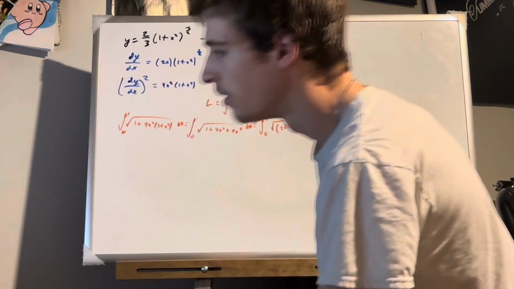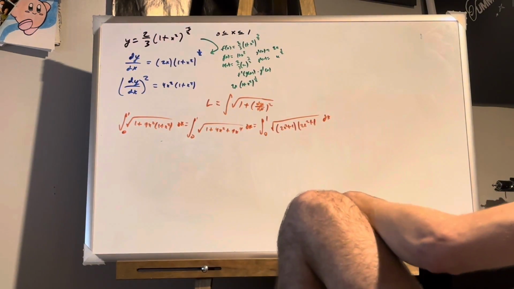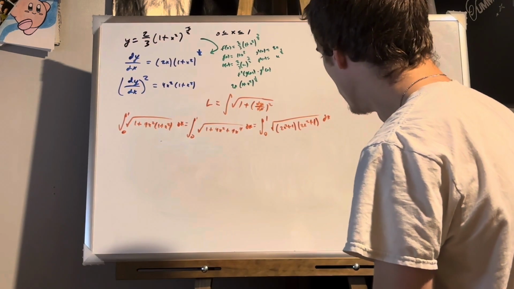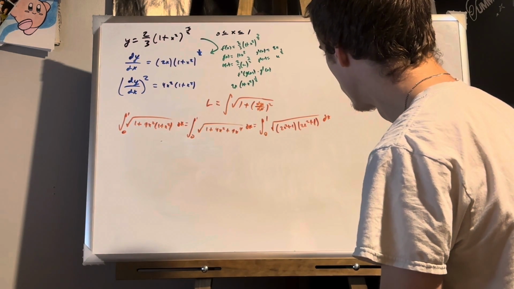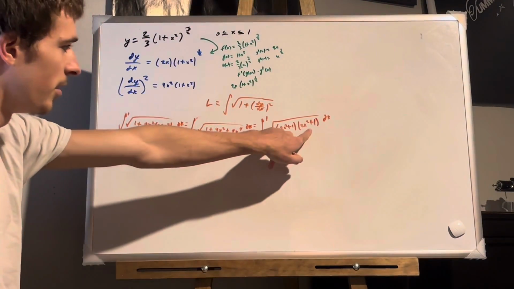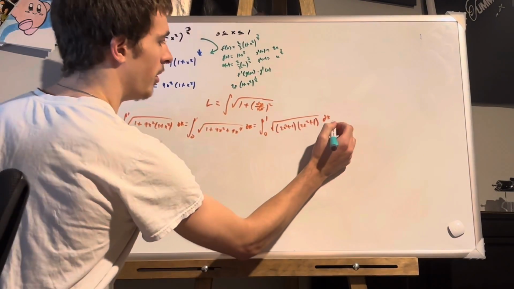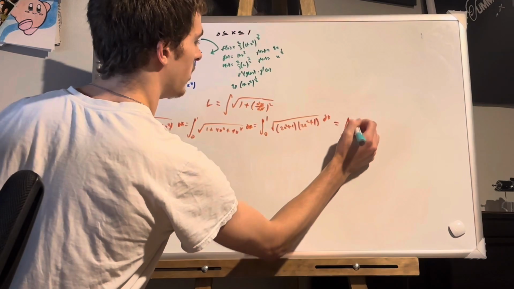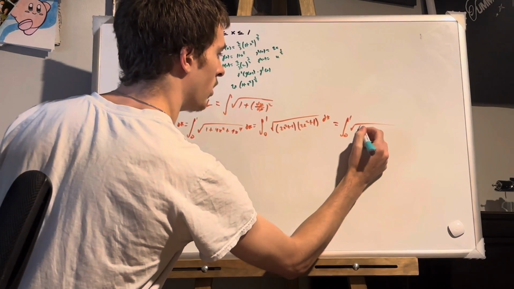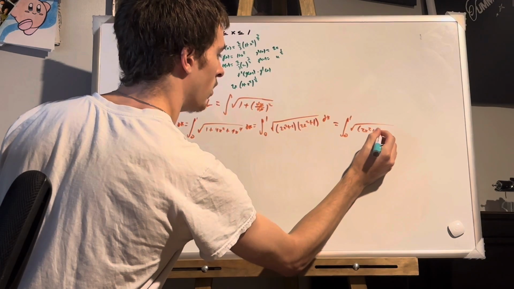All right. So we have this. Now what we can do is say, wait a minute, these are squared. So this is just going to be like this.